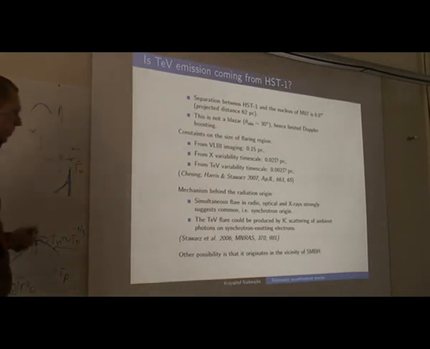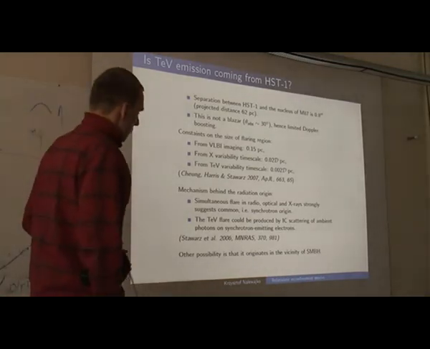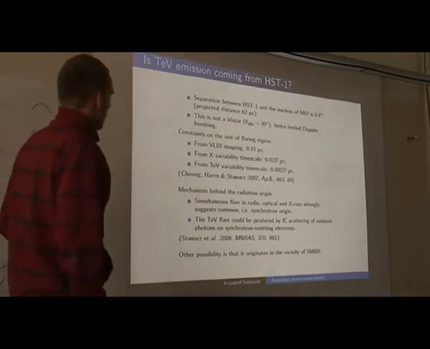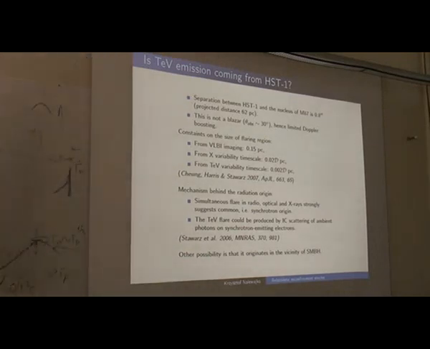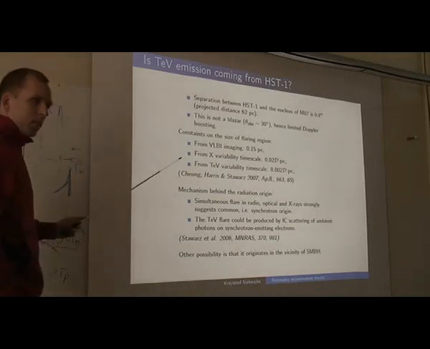We can estimate the Lorentz factor of the jet from the superluminal motion. Well, that's certainly not the case that we can see this radiation highly boosted. But sorry, HST-1 does show motion towards our direction, relativistic motion.